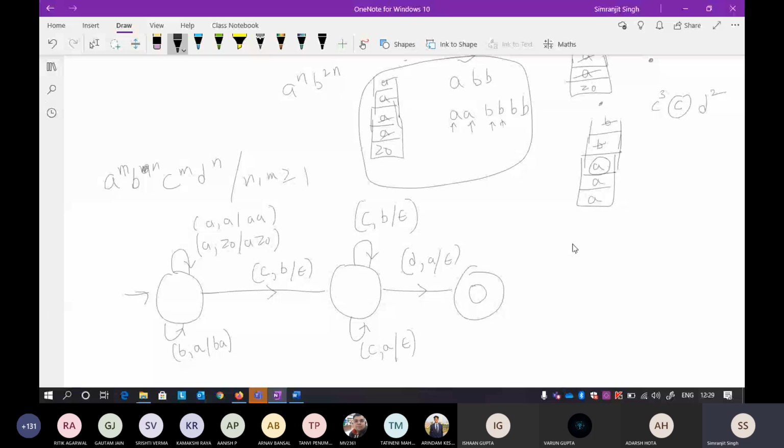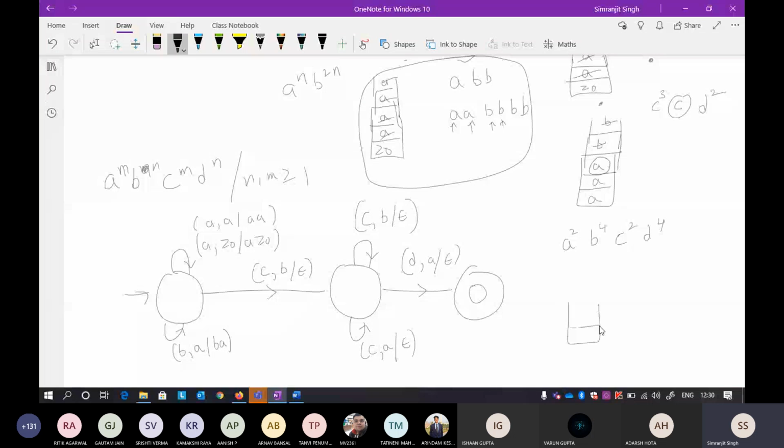If I change the question, something like A is 2, B is 4, then there will be a problem in this one. Suppose A is 2 here and D will be 4.